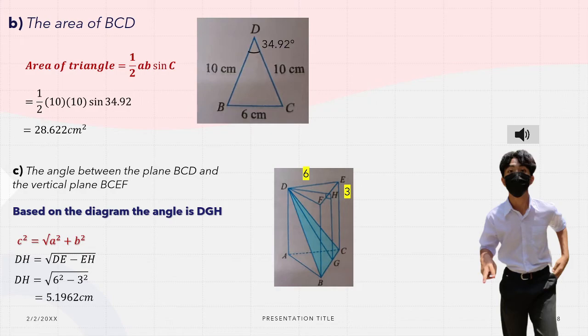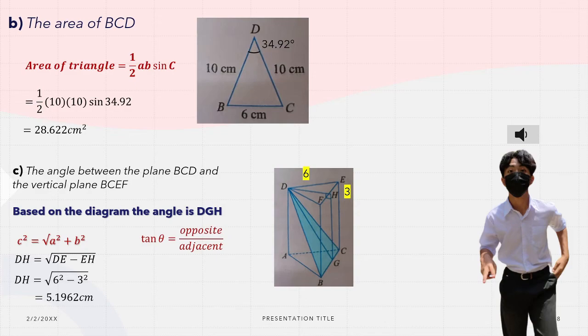The next step is to find the angle. To find the angle of DGH, we will use the tangent formula. The tangent formula is opposite over adjacent. So what is the opposite length in the diagram? We just calculated that.